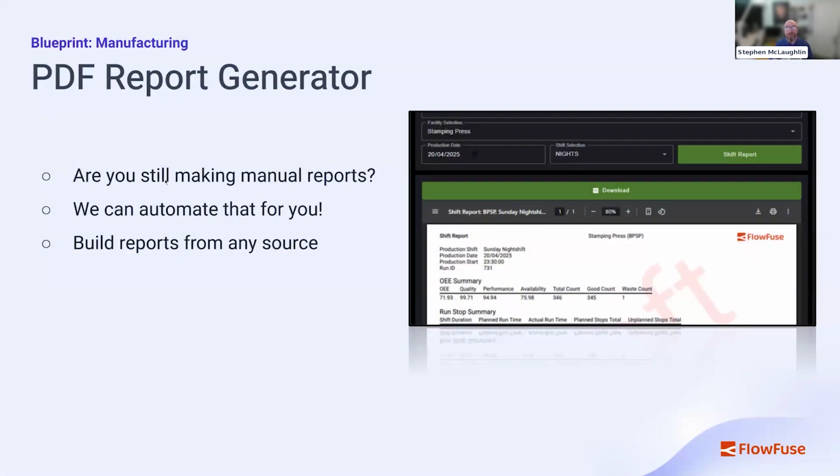We built a flow and a blueprint that demonstrates how you might pull data from a database and output them as a PDF report. PDFs, I'm sure you all know, are great for emailing. They cannot be so easily tampered with, great for reports. Let's have a quick look at that one in operation.